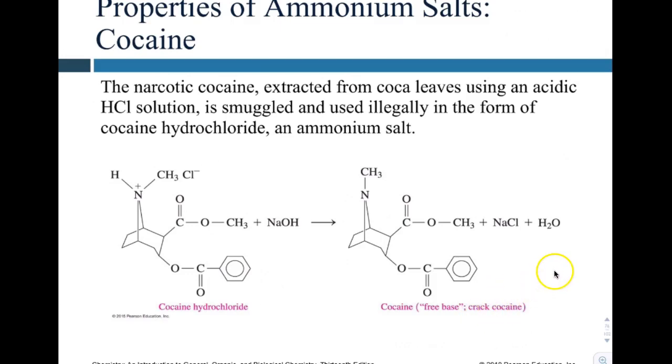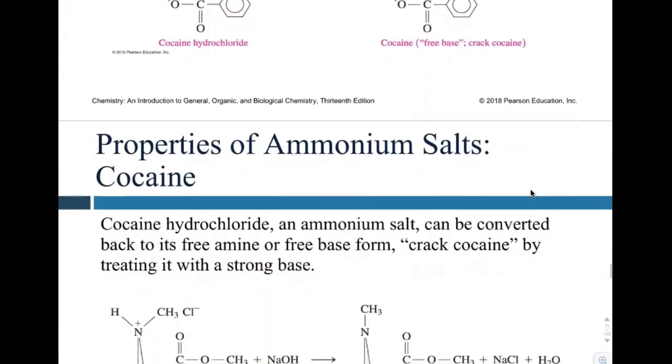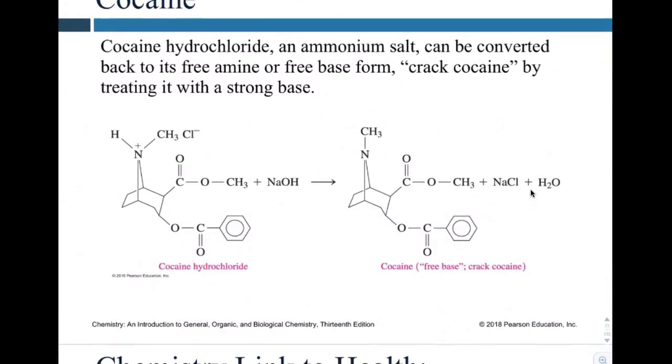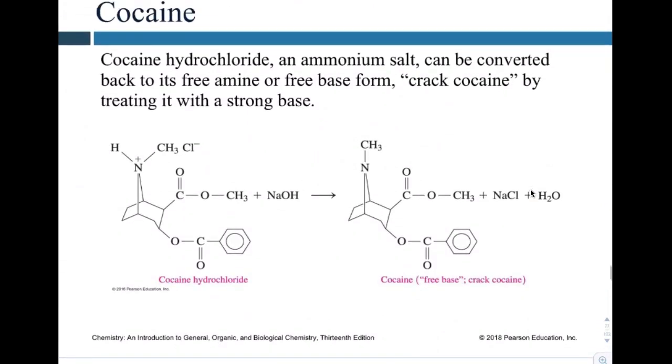And so you get the ammonium salt here, and you turn it back into the free amine form, or free base. Literally base meaning it's basic, so it's an amine, and free meaning it's free of its ionic form, I guess.